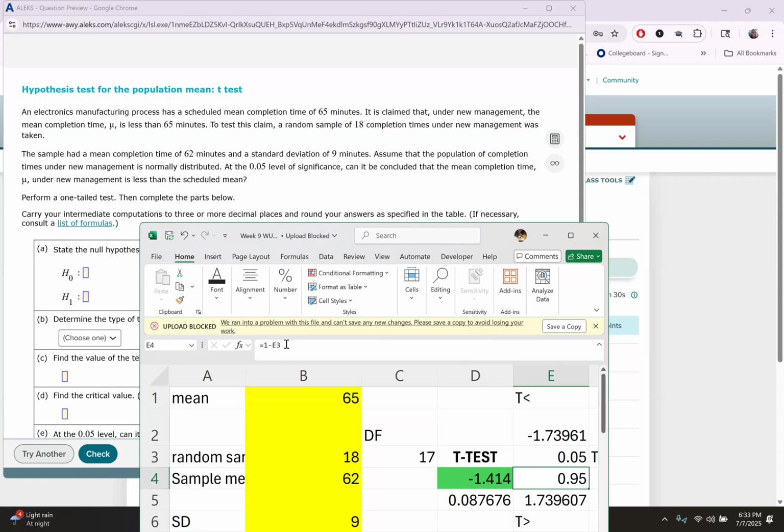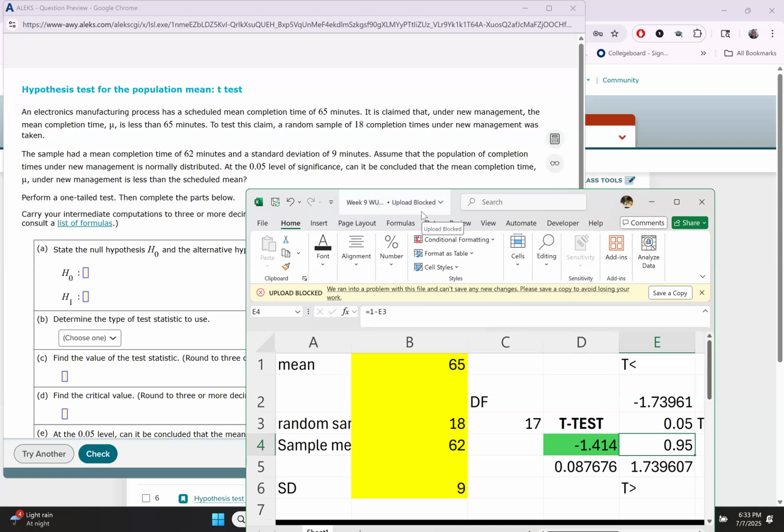The test statistic is negative 1.414. That's computed for us. The p-value of that would be 0.087. So what are we going to state as the mu?